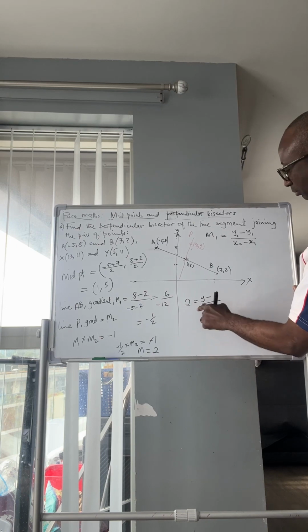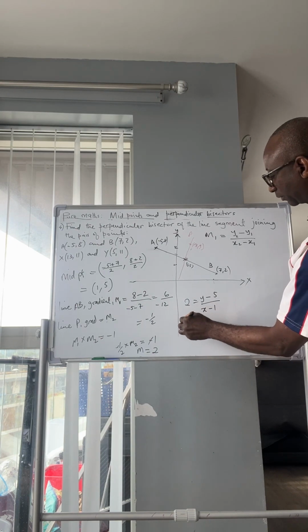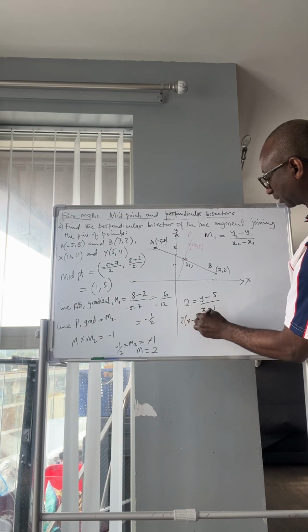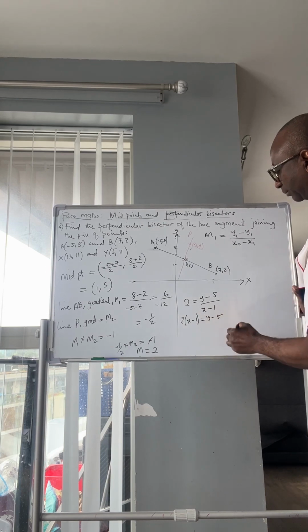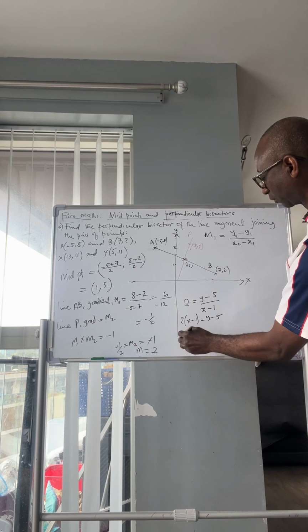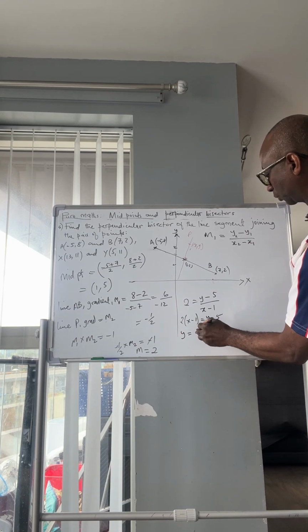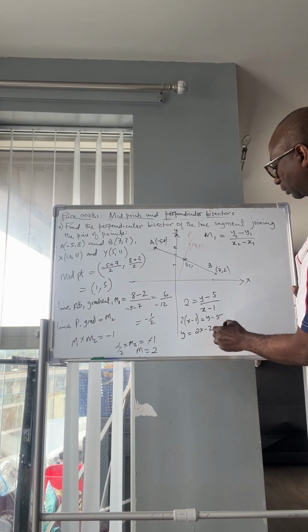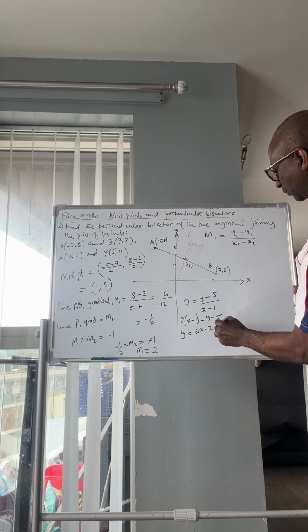So now, expand this. We have 2 times (x minus 1) equals y minus 5. We want to put y on the other side. So now you have y equals 2x minus 2 plus 5.